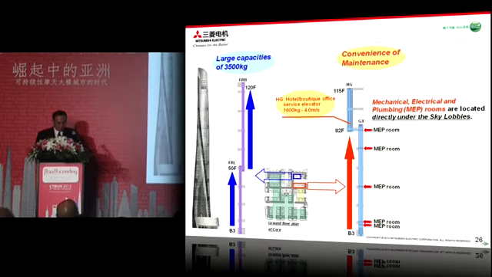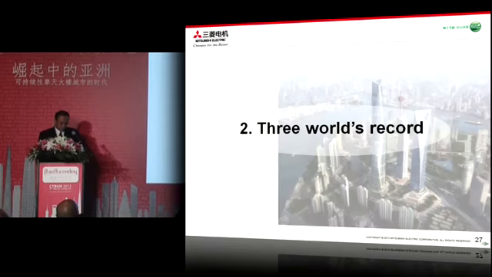And a 3-car bank of the HG is provided as a backyard for the hotel and boutique office. Right, let me come to the next part, which is the 3 world records.